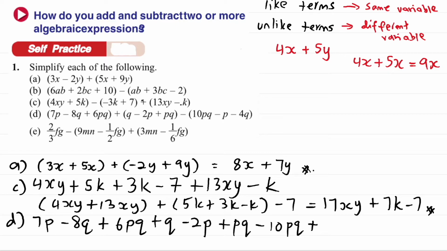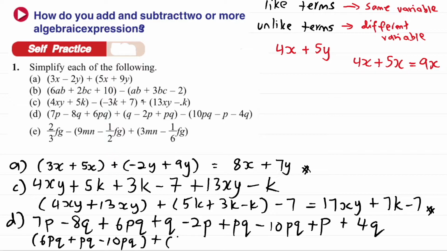Sebab tolak tambah tambah p tambah 4q. Okay, baru kamu kumpulkan. So kita start dengan pq dulu. So 6pq tambah pq tolak 10pq. Okay, tutup. Tambah.